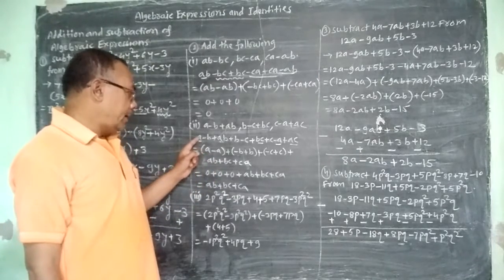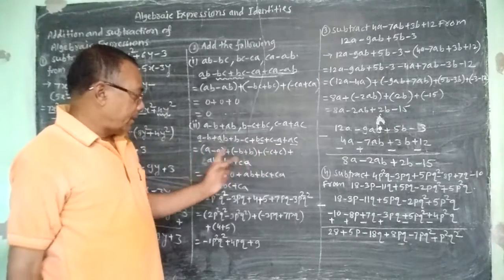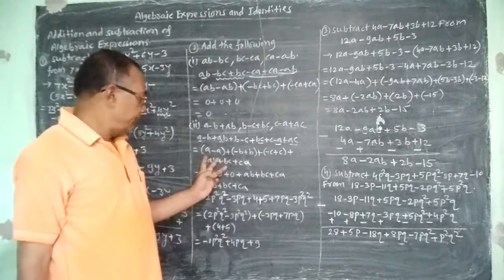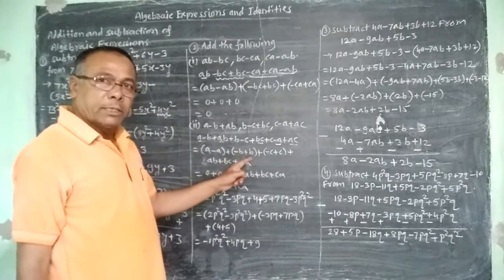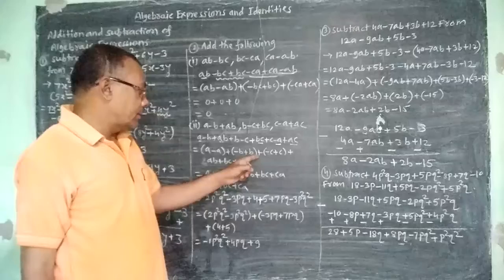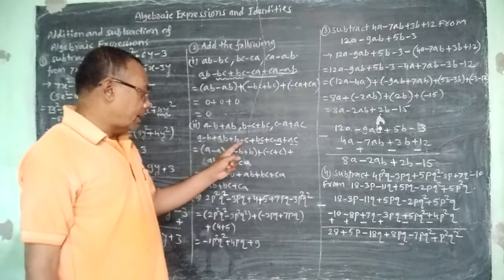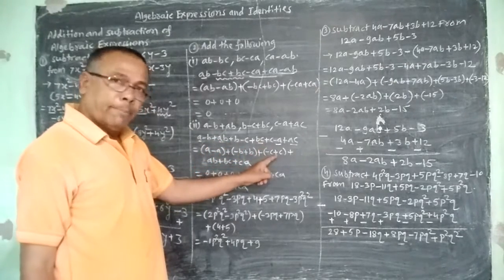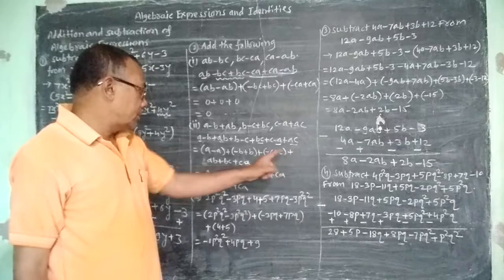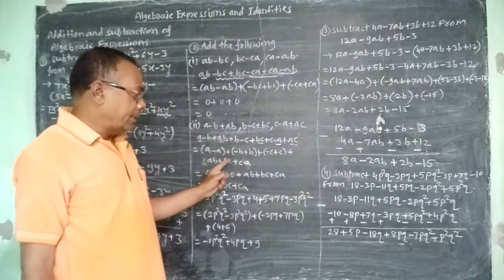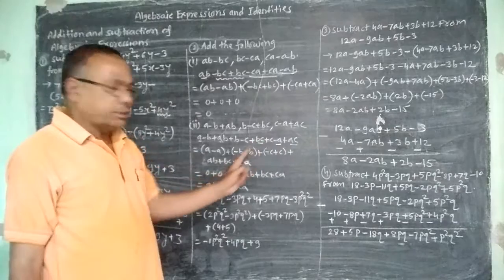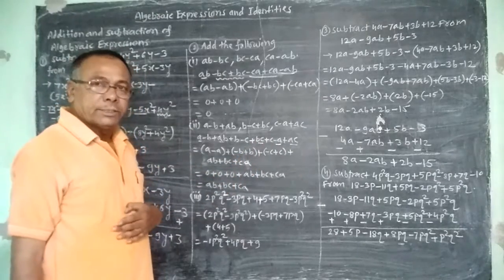So here A and minus A I have taken in the first bracket, plus minus B and plus B in the second bracket, bracket complete, plus minus C and plus C in the third bracket, plus AB as it is, plus BC as it is, and plus AC or CA as it is.